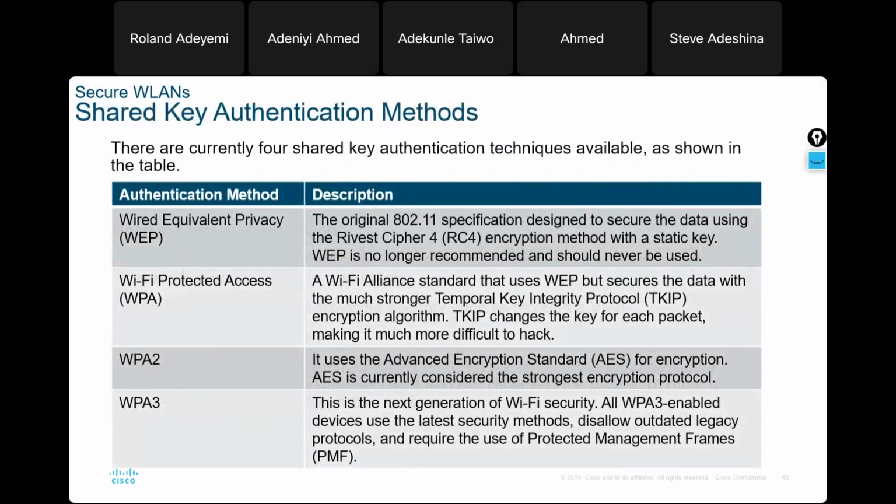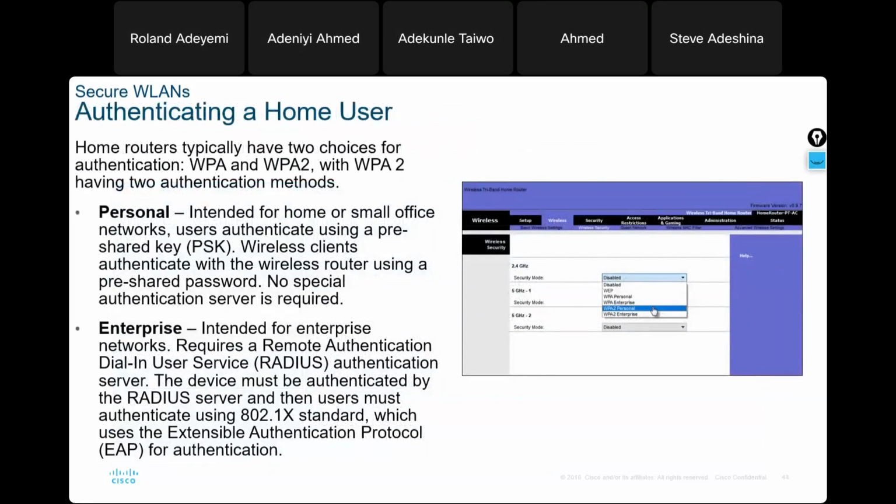So different encryption algorithms. Like now, it's good for you to go for WPA3 because this is the next generation Wi-Fi security. You always go for an advanced authentication method because they are more secure than the old ones. So even if somebody wants to try to hack into your network or to crack the password, they have to work hard.